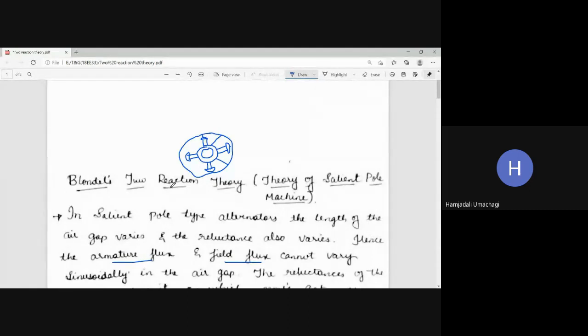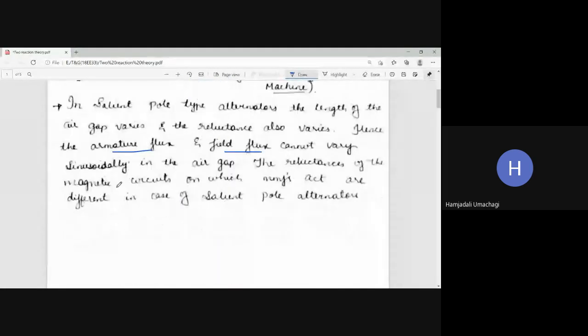What all components the armature reaction flux has, how many components it has, how it is distributed along the quadrature axis and along the direct axis, what the features of the direct axis pole are, and what the features of the quadrature axis pole are, everything is discussed in Blondel's two-reaction theory.